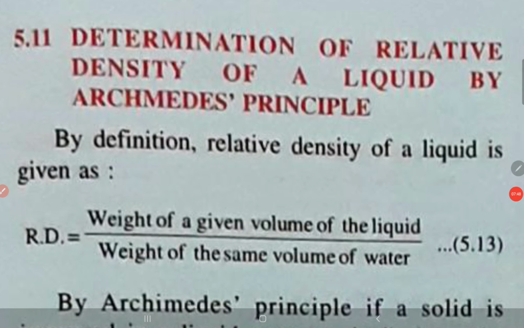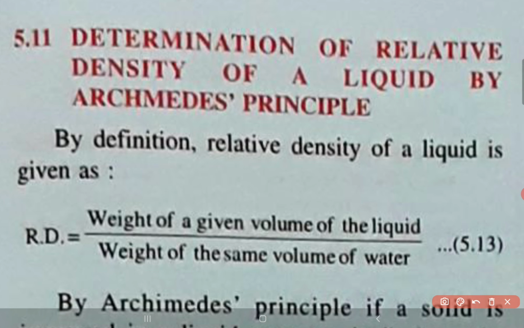Now coming to the last topic from this section, determination of the relative density of a liquid by Archimedes principle. In the previous cases we were determining the relative density of a solid. Now we are trying to determine the relative density of a liquid. By definition, the relative density of a liquid is given as the weight of a given volume of the liquid upon the weight of the same volume of water.